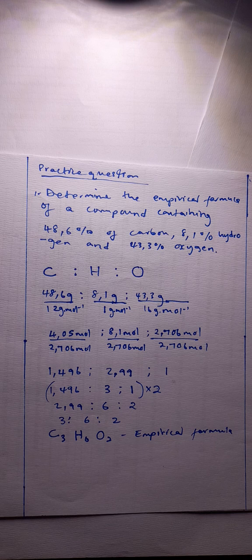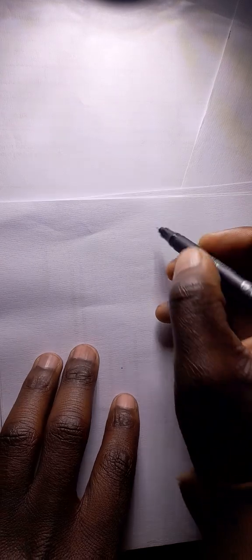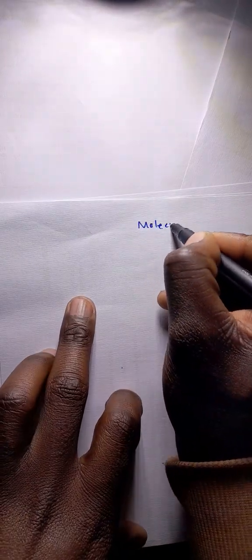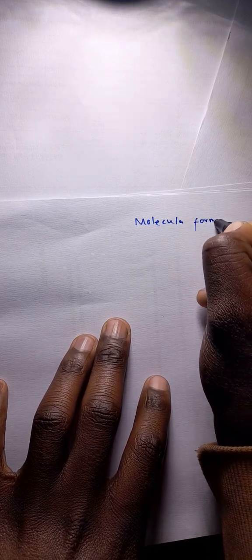Okay, all right. I want to look at the molecular formula, because I see the time. Let me put this here and talk about the molecular formula so that we can do this once and for all.